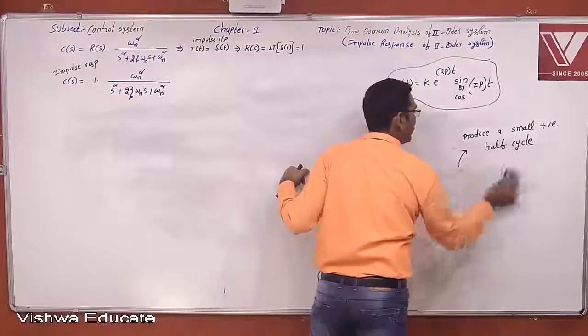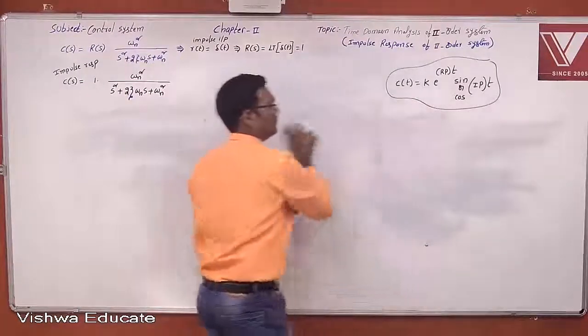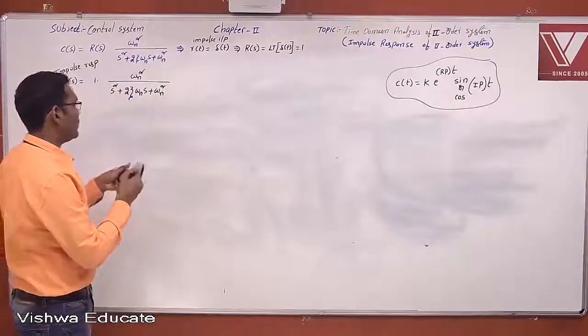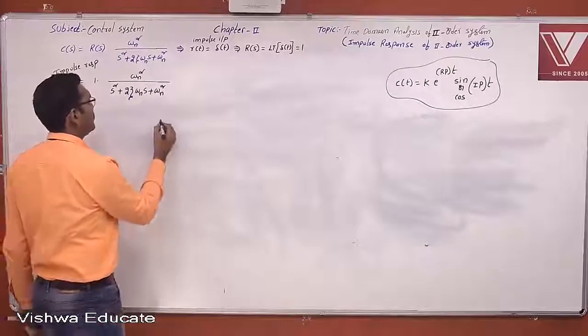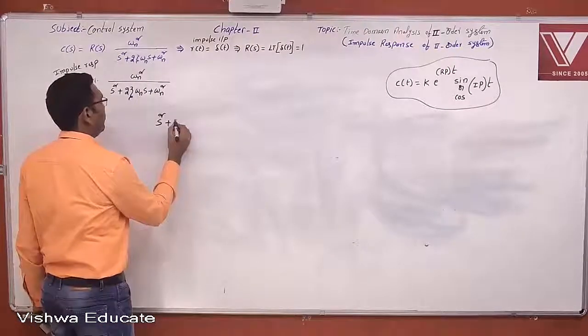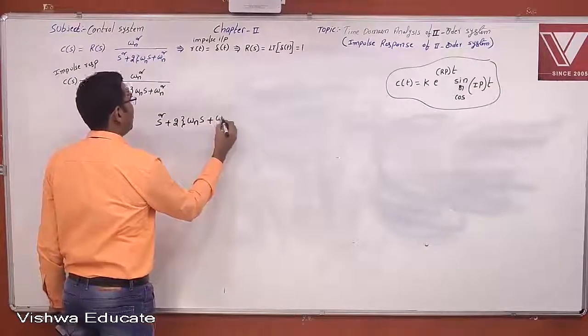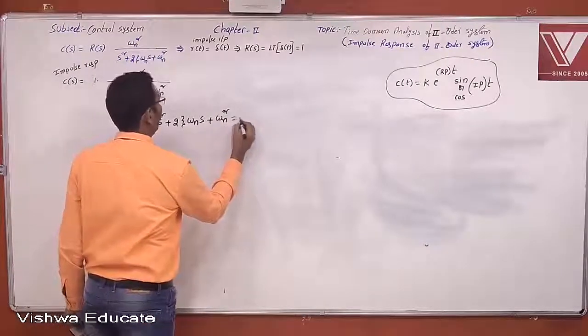Whenever the amplitudes are decreasing, use the word damping. Clear? Now this is the characteristic equation. First you find the roots of this characteristic equation: s square plus 2 zeta omega n into s plus omega n square equal to 0.